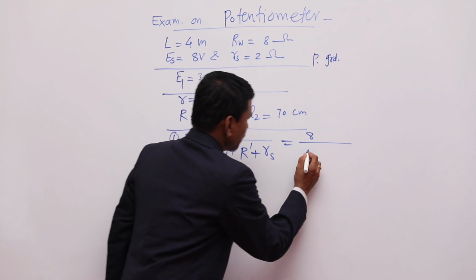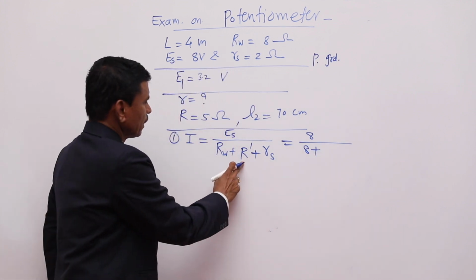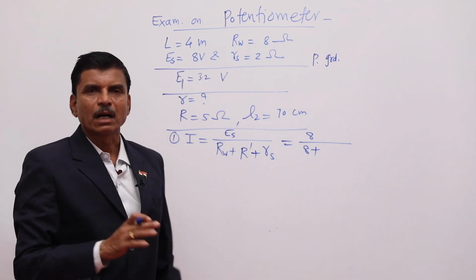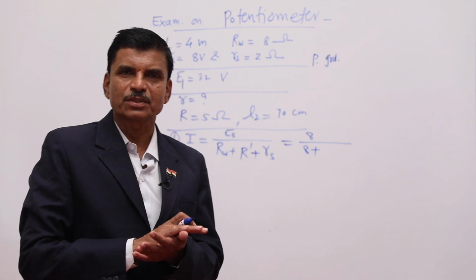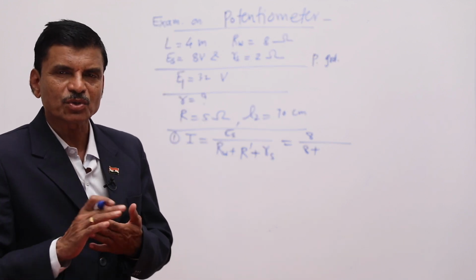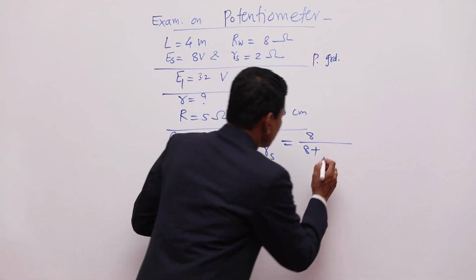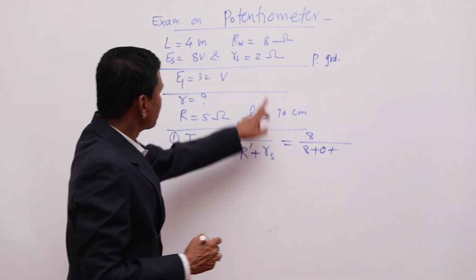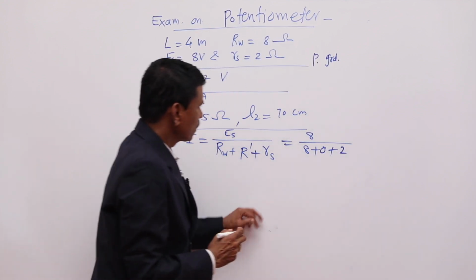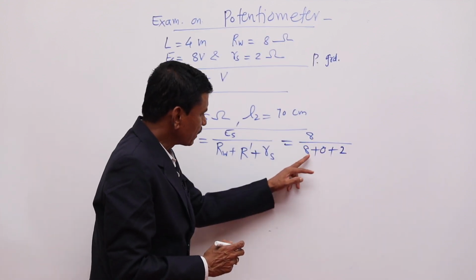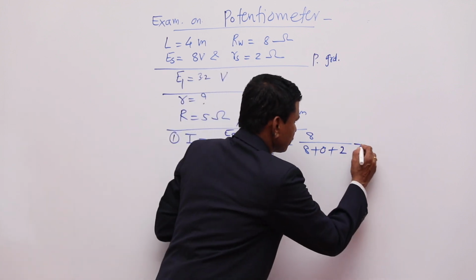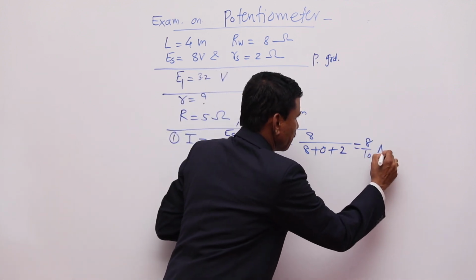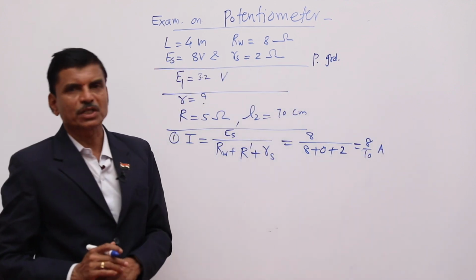Wire resistance 8 ohm. About the rheostat they have said nothing, so the rheostat is not connected, so take this resistance as 0. RS, that is internal resistance, 2 ohm. So that is 8 upon 10 ampere. So that is the constant current.